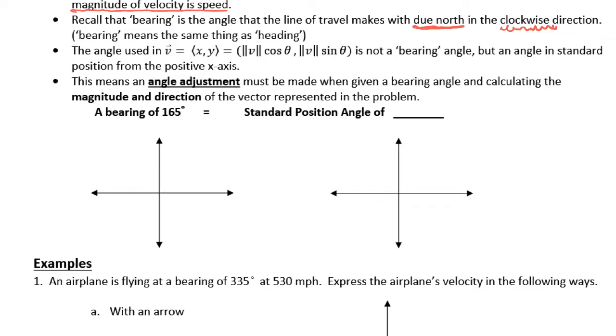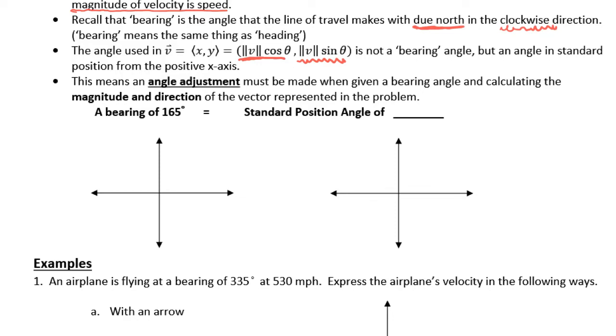The next bullet says the angle used in the vector v, represented by xy, is made up from the magnitude of v times the cosine, which gives you your x direction, and the magnitude of the vector times the sine of the angle, which gives you your y direction.